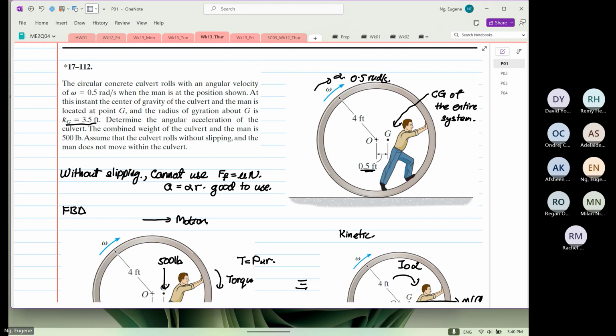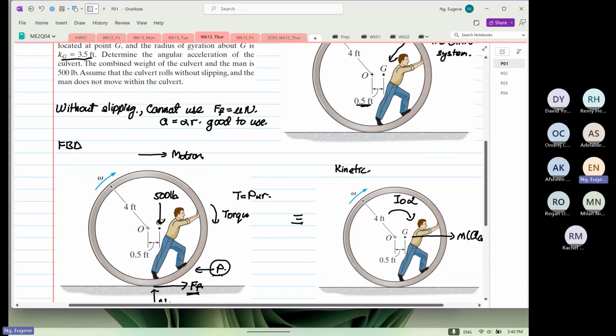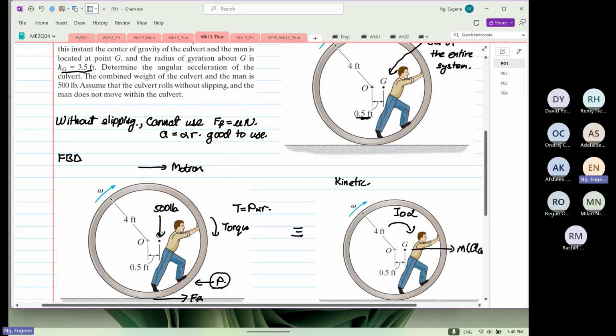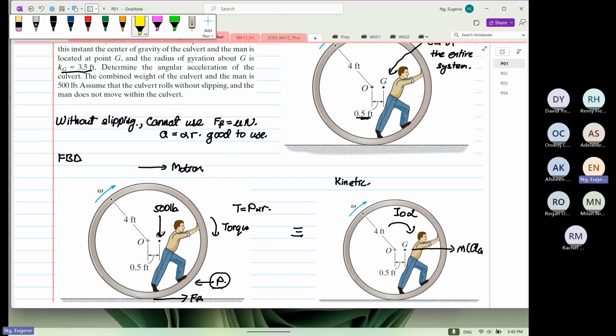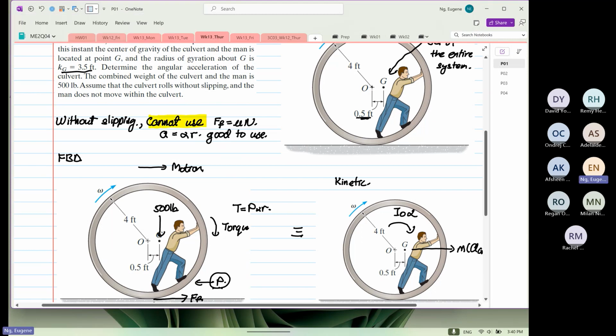Determine the angular acceleration of the culvert. The combined weight of the culvert and the man is 500 pounds. Assume that the culvert rolls without slipping and the man does not move within the culvert. So without slipping, as we mentioned yesterday, we cannot use friction force equal to mu N. But it does not mean there is no friction.